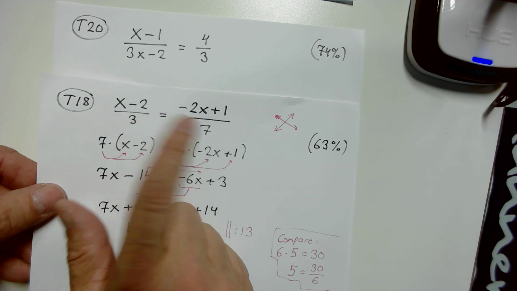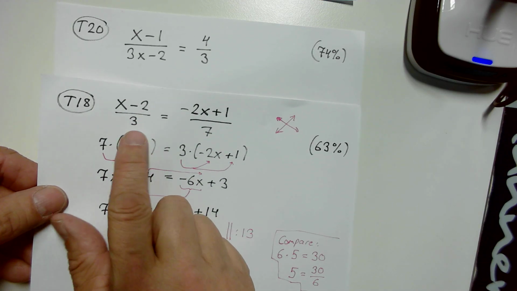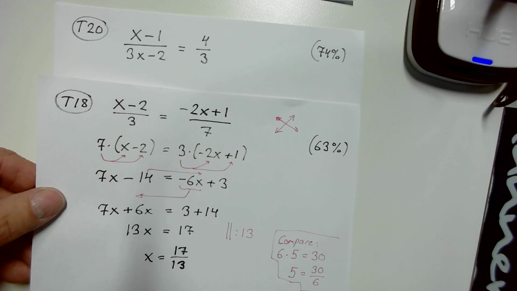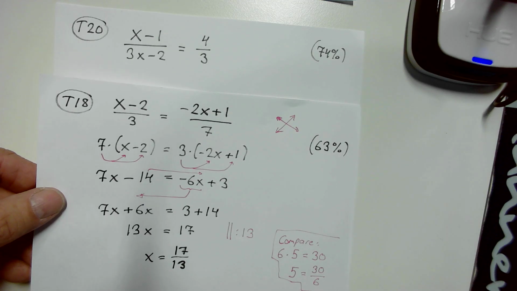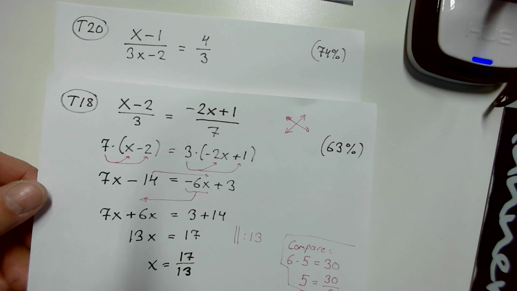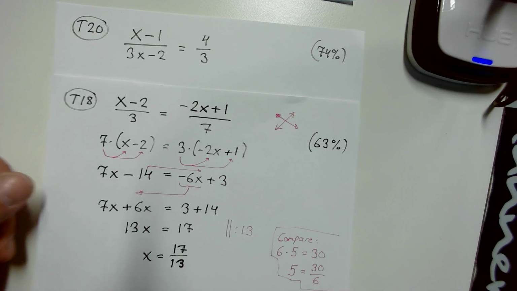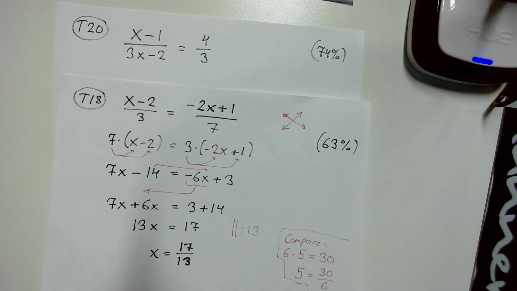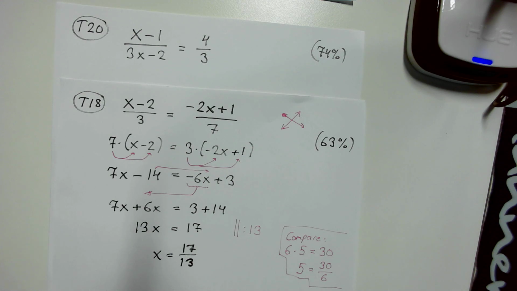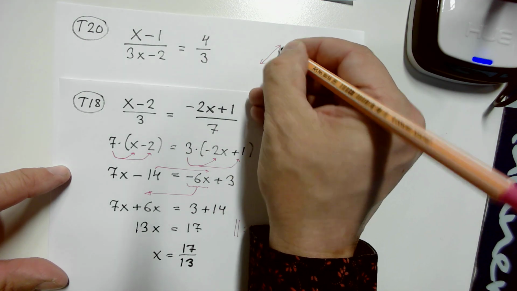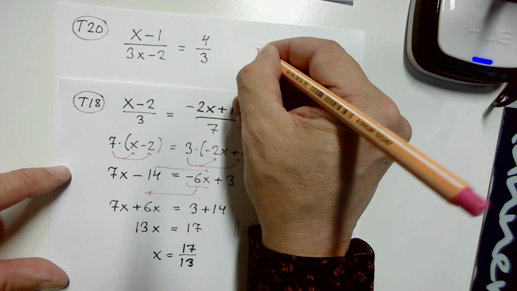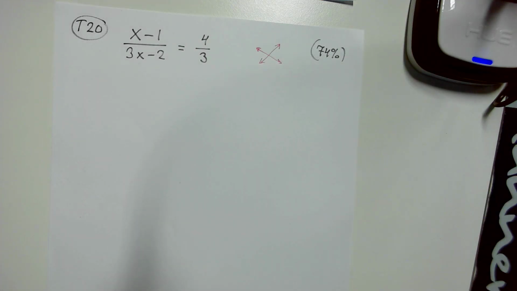When we solve this problem, it is solved the same way, but I guess the reason for the difference is more rules, where we will use this cross multiplication here.